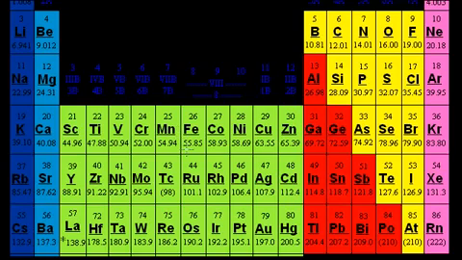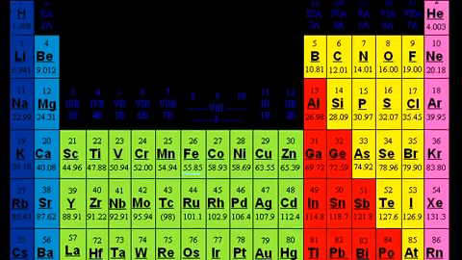Iron is right here, 55.85. I think it's fair enough to round to 56. Let's say we're dealing with the isotope of iron that has 30 neutrons, so it has a mass number of 56. So iron has a mass number of 56, and oxygen we already know is 16. So iron was 56.